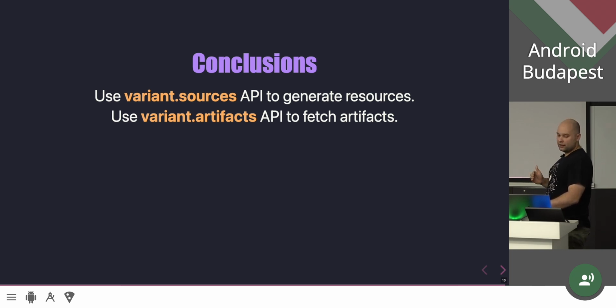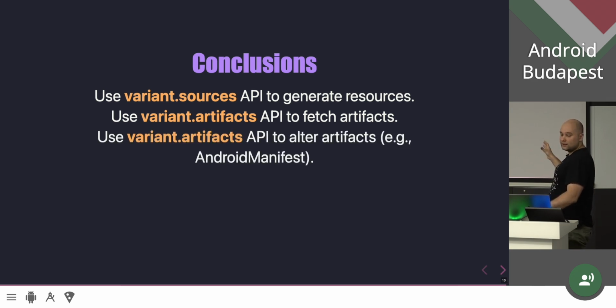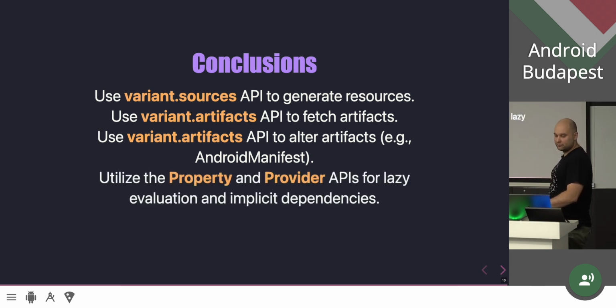There is a predefined cardinality: single artifact, multiple artifacts, or scoped artifacts. Finally, this also allows you, through the Artifacts API, to alter the contents of those artifacts as a part of the pipeline. So what we did, we modified the Android Manifest, added some property within it, and married it to the Artifacts API.